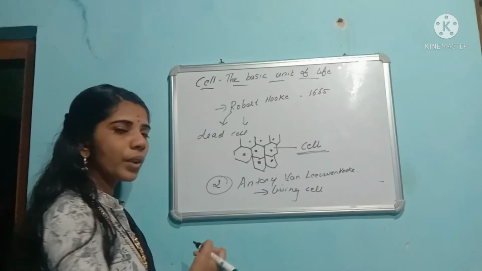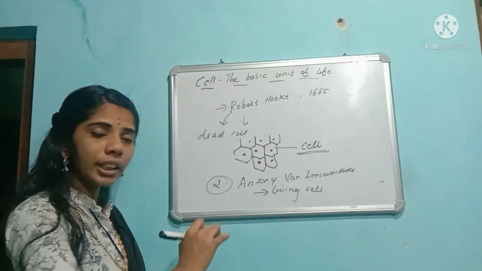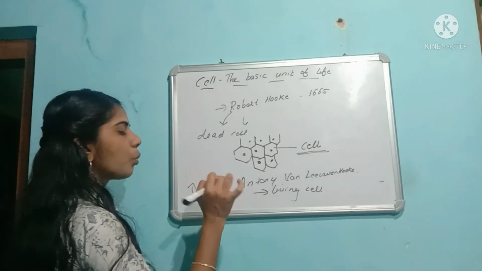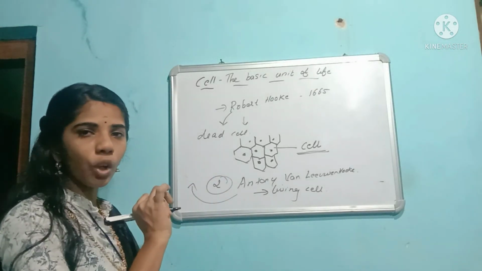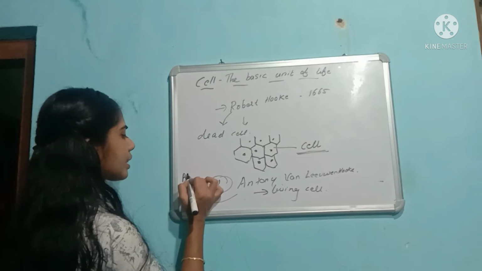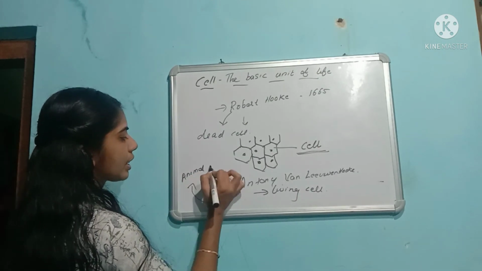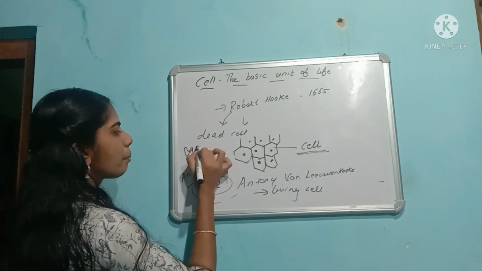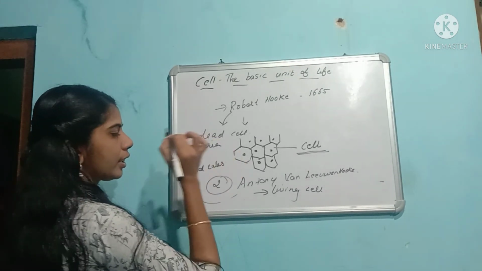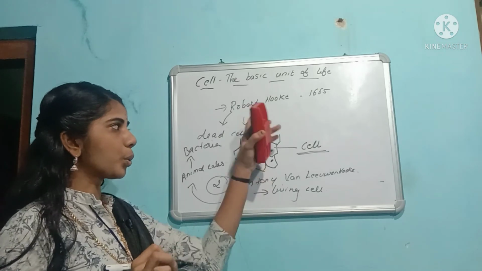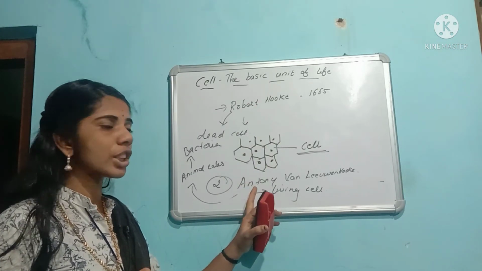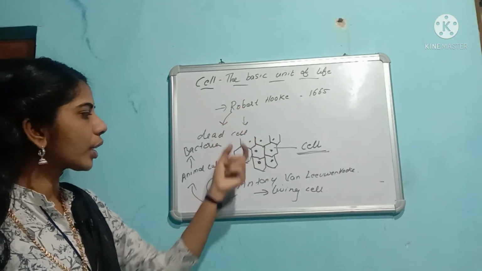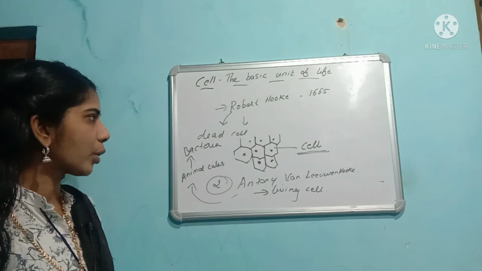When he observed under the device which he developed, he found some moving particles, and he named them animalcules, which later came to be known as bacteria. Clear? So these are the two important scientists who contributed to cell biology. The first is Robert Hooke, and the second is Antony von Leeuwenhoek.